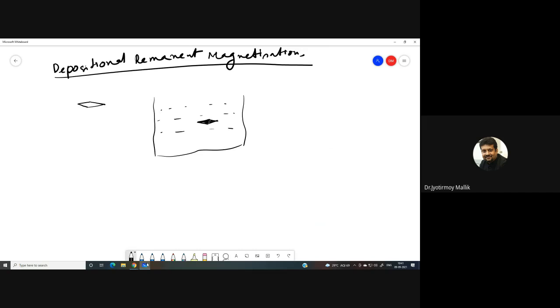Think about this to be a small little magnet, and then I have this external magnetic field. So what would happen? It will try to mechanically align itself according to the direction of the external magnetic field. It is the mechanical alignment of the grain itself according to the direction of the external magnetic field.